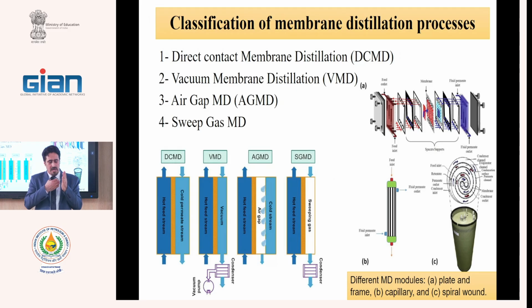Behind the stainless steel metal, we have cold water. Cold water reduces the temperature of the metal, and when vapor diffuses from the membrane and goes to the air gap area, it contacts the metal, condenses, and drops begin to fall.